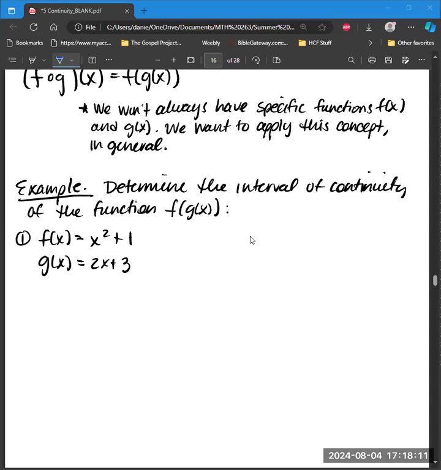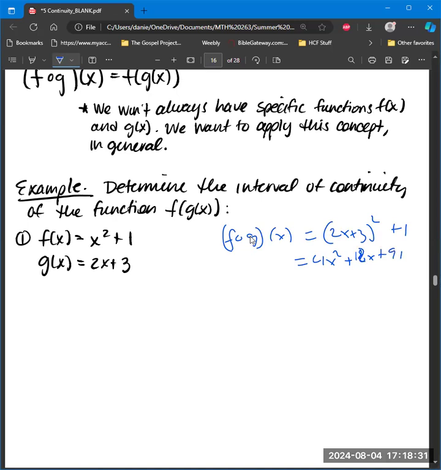So let's find that f of g of x is equal to (2x plus 3) squared plus 1, which is 4x squared plus 12x plus 9 plus 1, which is 4x squared plus 12x plus 10.